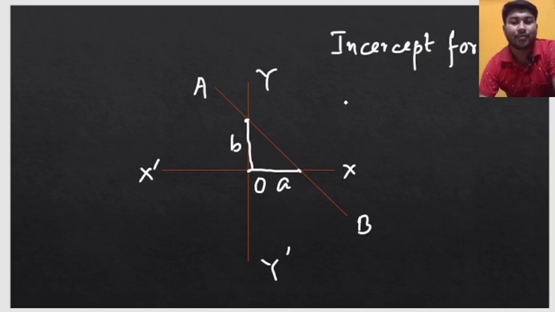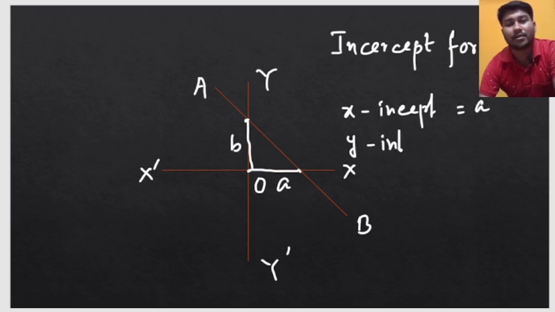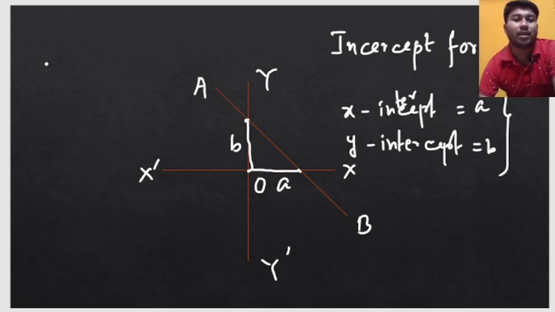Here the x intercept is A, and the y intercept is B. If the x and y intercepts are known, then we can write down the equation of the line AB.